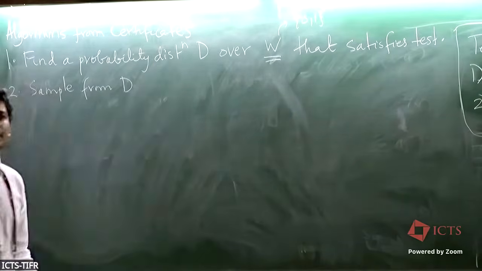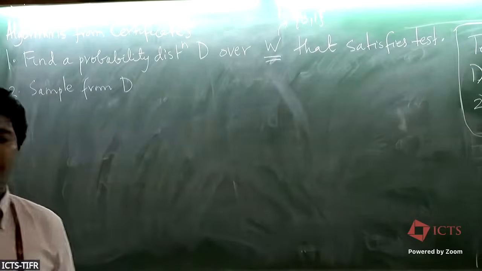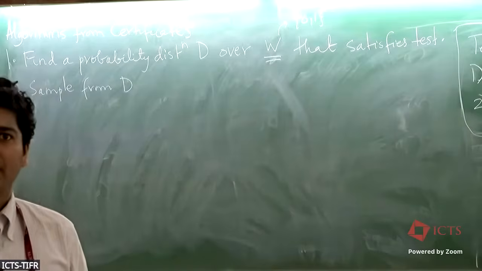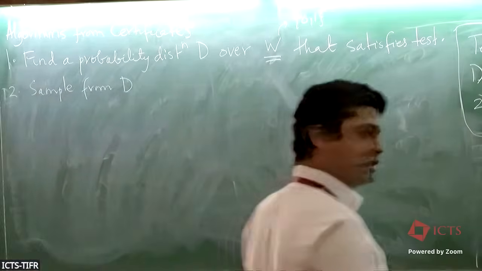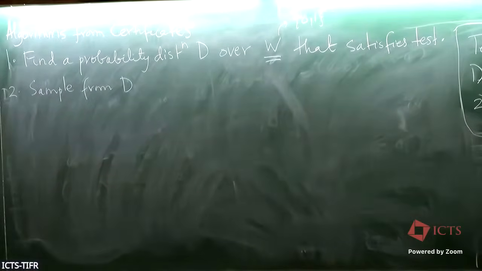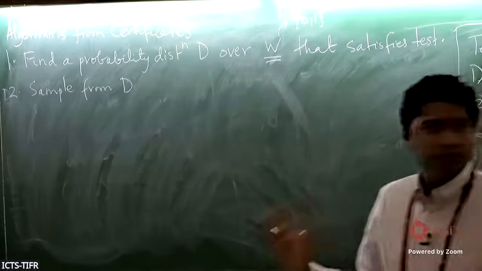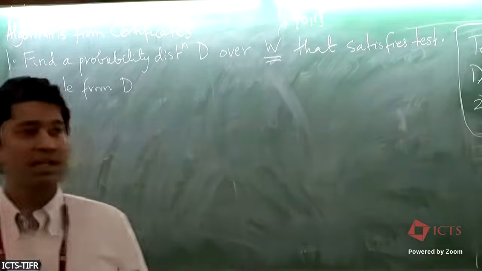Now let's think at least for a few seconds about this algorithm. It works in the sense that it will give you at least one true cluster. But the distribution it finds could, for all we know, just be supported on the first cluster. It may not give you information about the second cluster or the third or the kth cluster, because so far we just asked the algorithm to find a probability distribution supported on W's that satisfy the test.